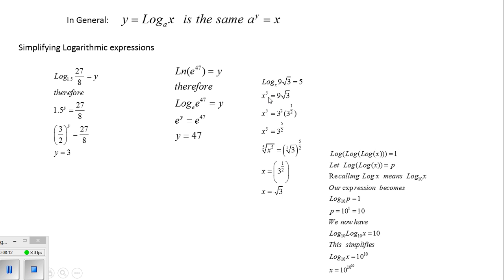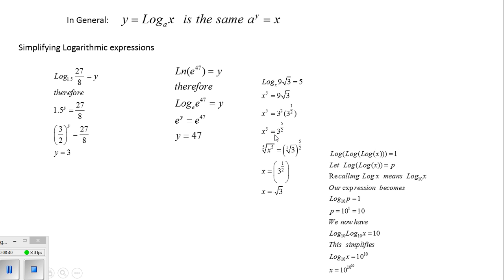Now, this one was a little interesting, so let's see how we approached it. There was not a common base, so we're going to try to equate the exponents. Again, this is a problem we've done previously. 9 is 3 to the 2 power. √3 is 3 to the 1/2 power. So then this is 3 to the 5/2 power.